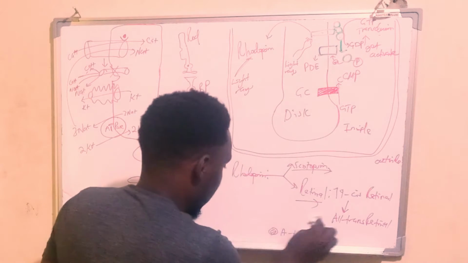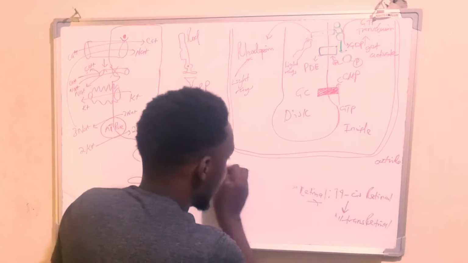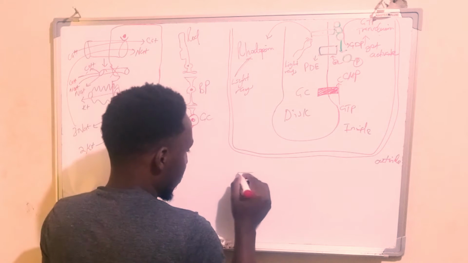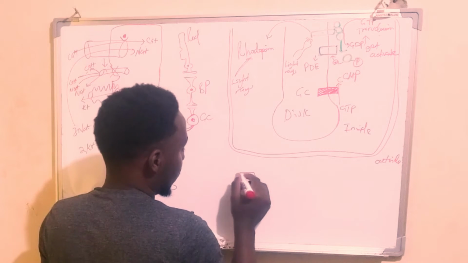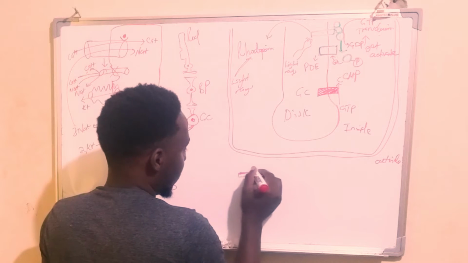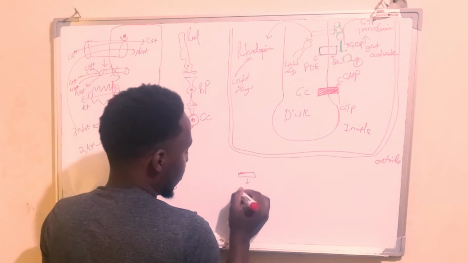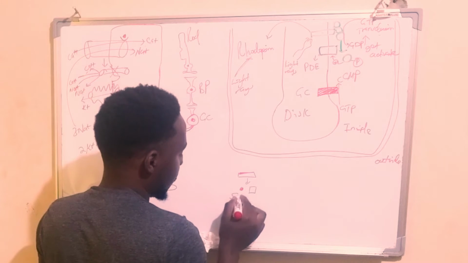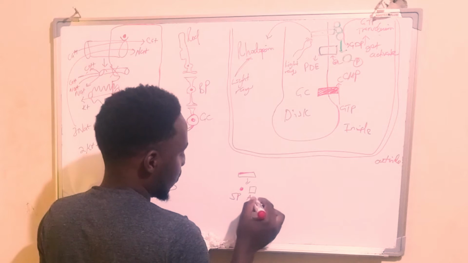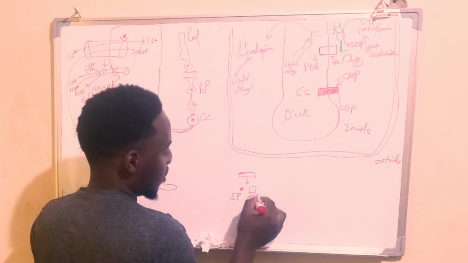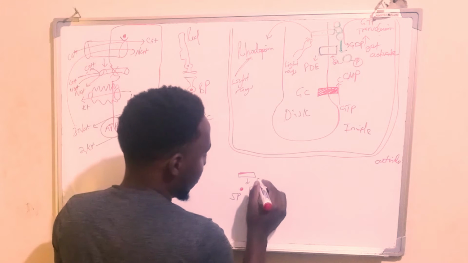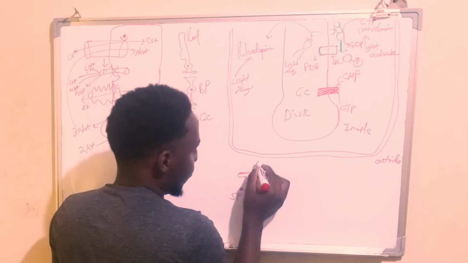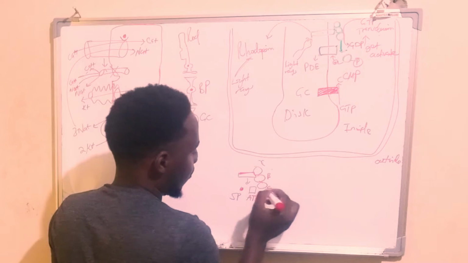So let me show it properly here. When that separation has happened, this is scotopsin and rhodopsin. They have separated into scotopsin and all-trans retinal. Scotopsin I'll put SP, then all-trans retinal I'll put ATR. This separation causes activation of this G protein that is coupled to rhodopsin. We have the gamma, beta, and alpha subunits.